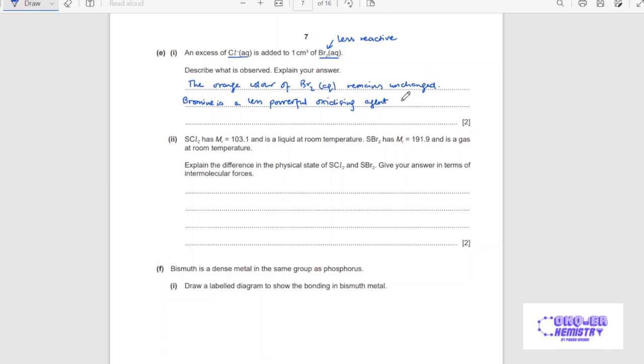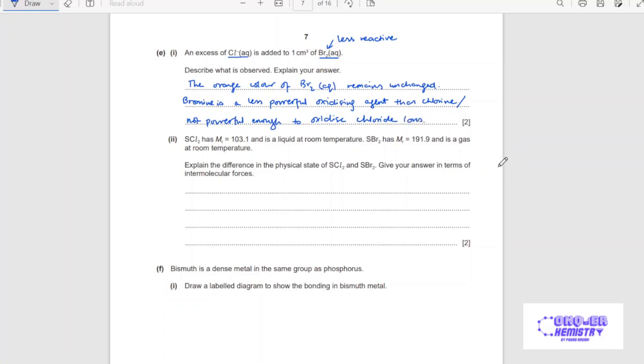So bromine is a less powerful oxidizing agent than chlorine. Or you could say it is not powerful enough to oxidize the chloride ions.